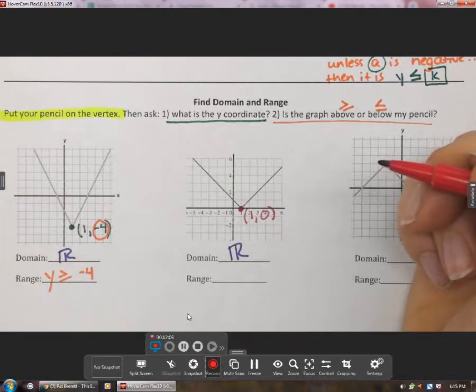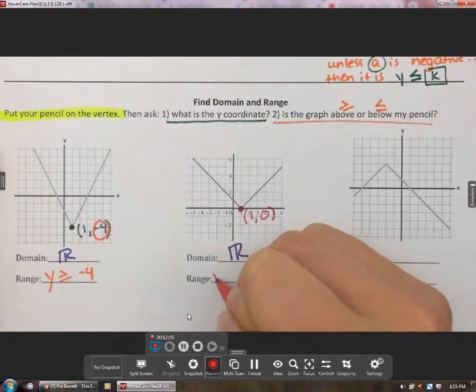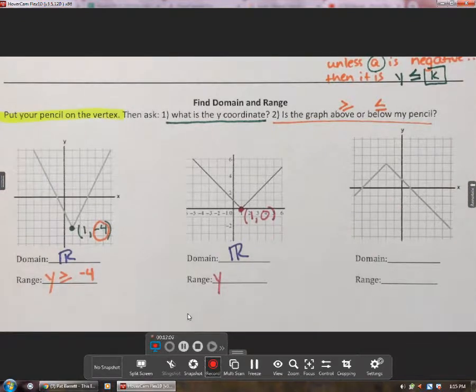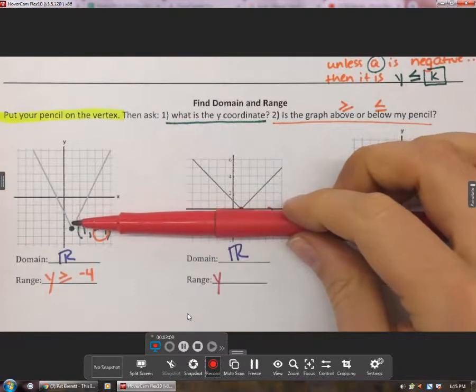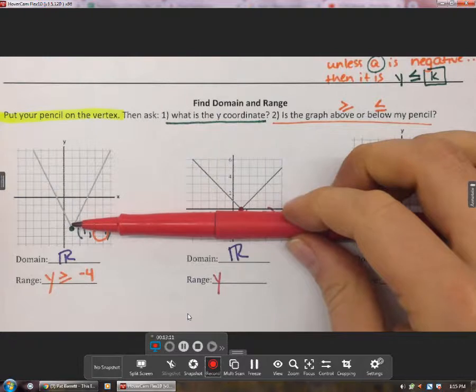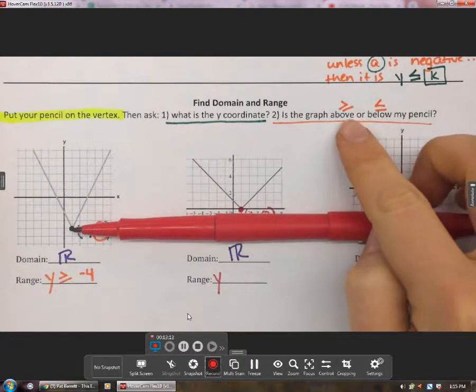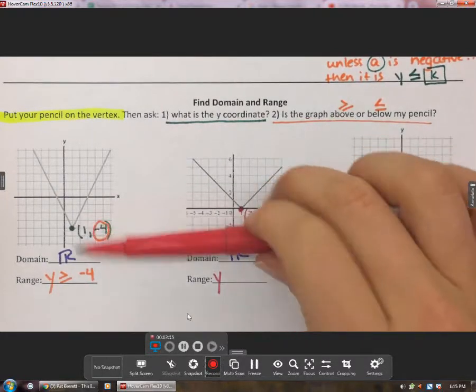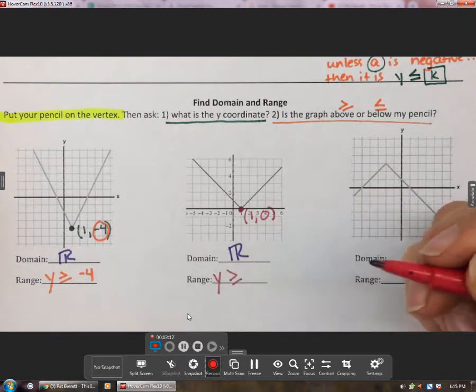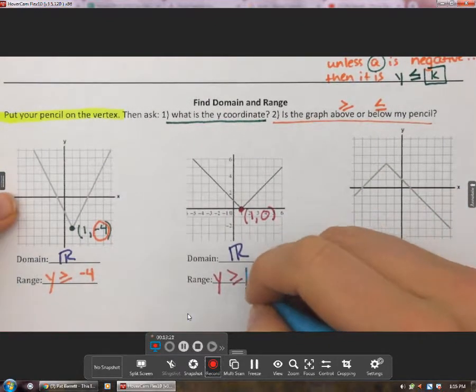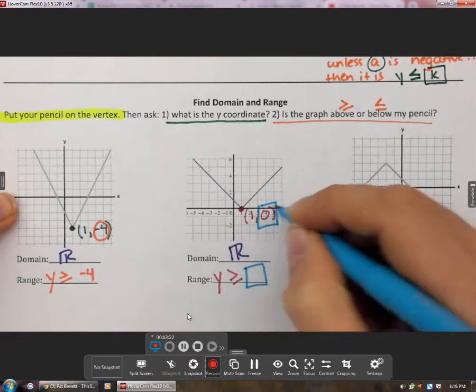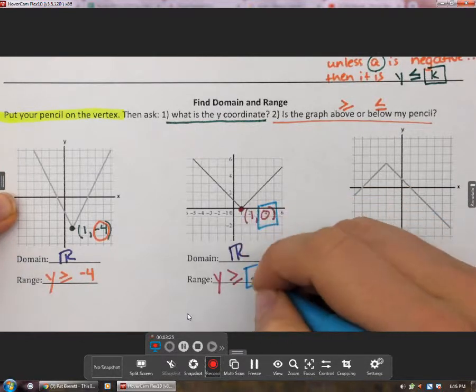Range is talking about y values. Y is, let's decide. Is my graph above or below my pencil? Above. Above means greater than. Greater than or equal to. The y value is, in this spot, 0.